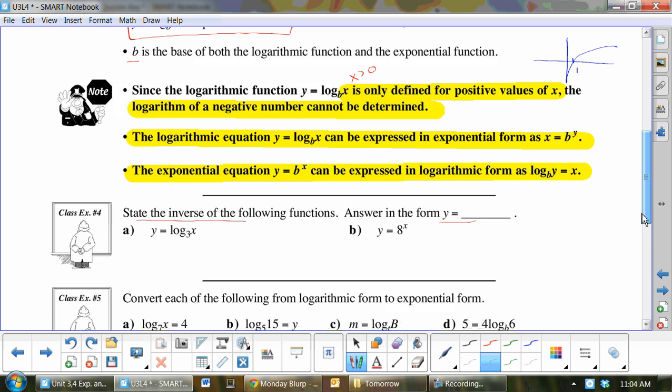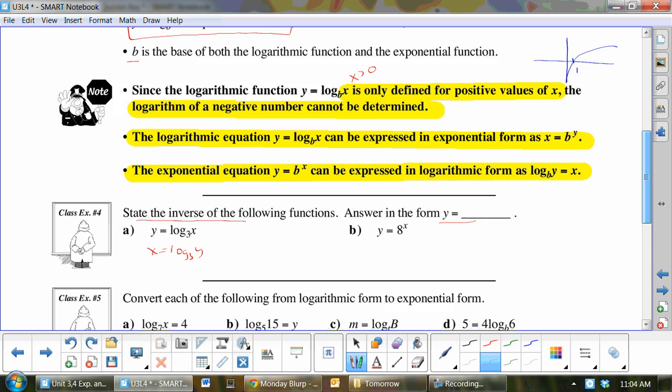Jared, what would be the inverse of this? No. What have we always done when we found an inverse? Switch the x and the y. So what is the inverse? Good.